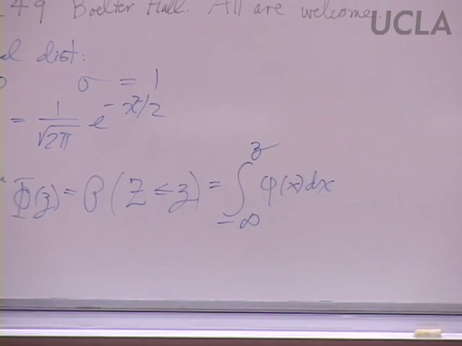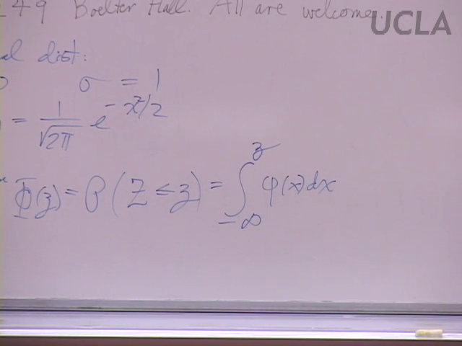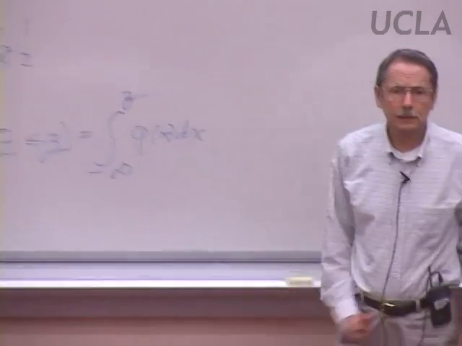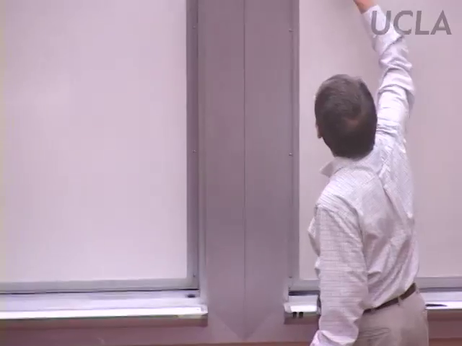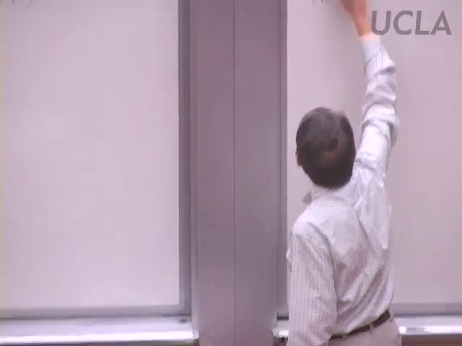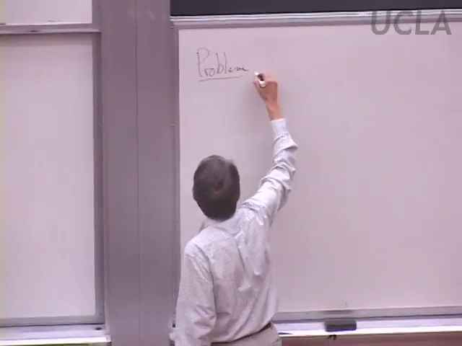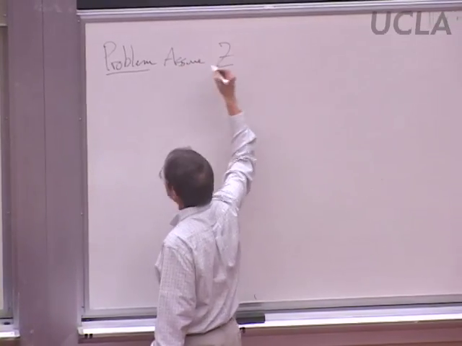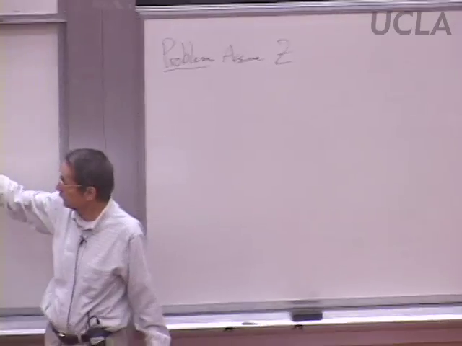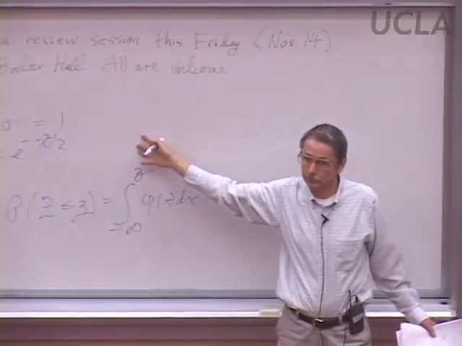Well, we talked about calculating probabilities. Let's look at a problem where we're given the probability and we want to calculate one of the other numbers. Assume we have a random variable, as always called capital Z, that has this distribution.